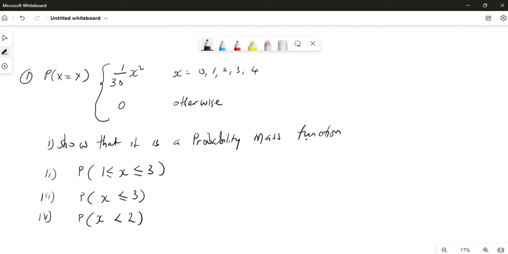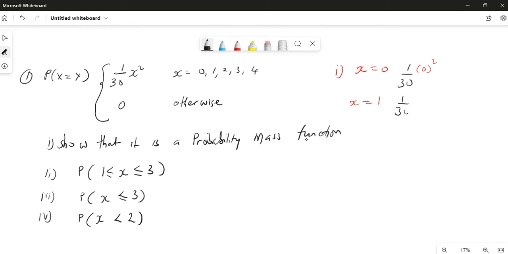Right, so we start with the solutions. First one. Okay, so we can make a discrete probability distribution. But first, let's get our probabilities. When x equals 0, we have 1 over 30 times 0 squared.